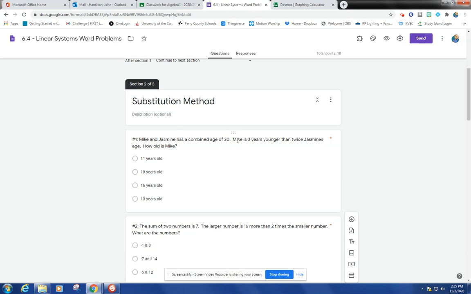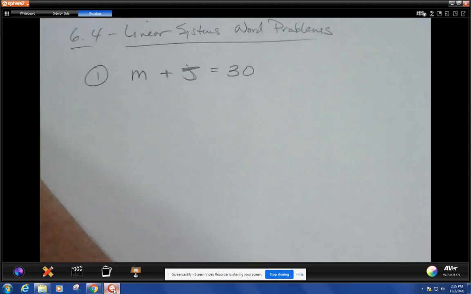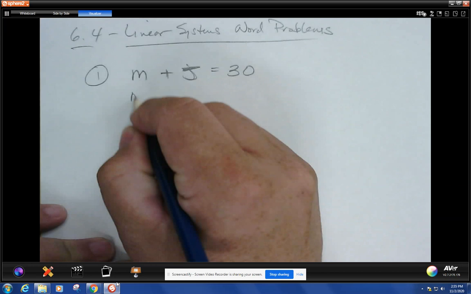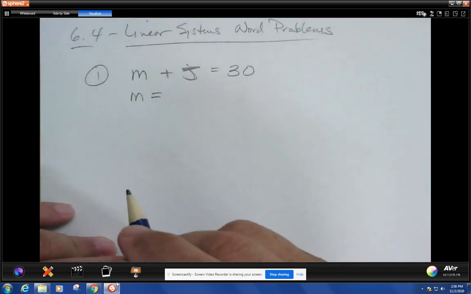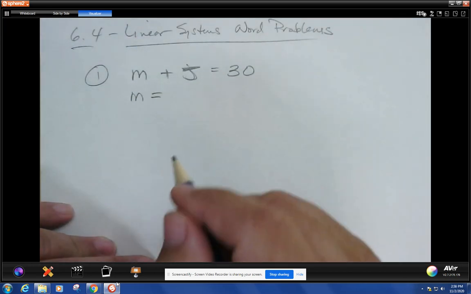So Mike, we know that's the variable M, is always indicative of an equal sign. So M equals 3 years younger than twice Jasmine's age. So let's look at that as an equation. Mike equals 3 years younger than twice Jasmine's age.